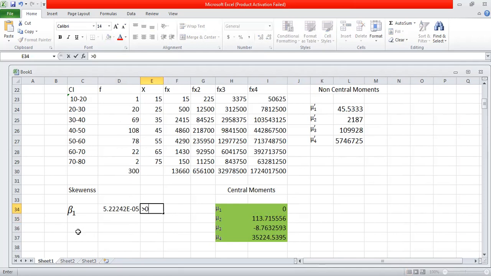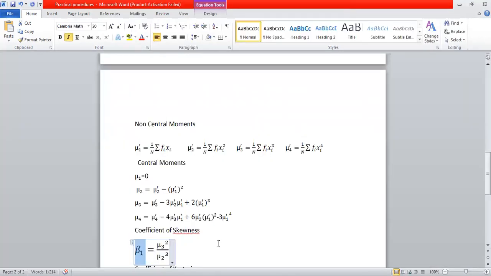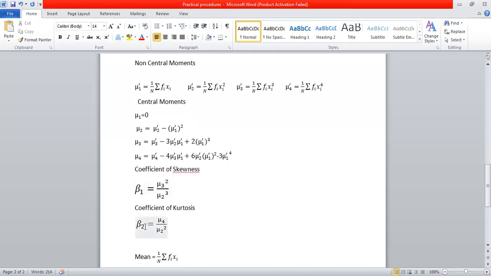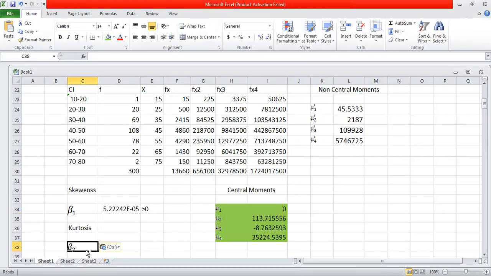Next we calculate the kurtosis. What is the coefficient of kurtosis? Beta 2. What is the formula for beta 2? Mu4 by mu2 square, that is mu2 into mu2.